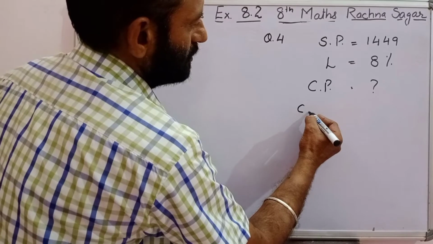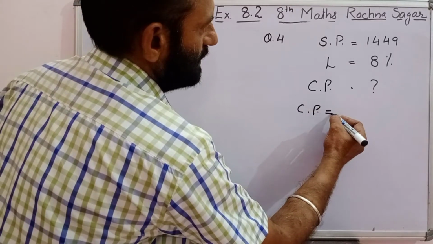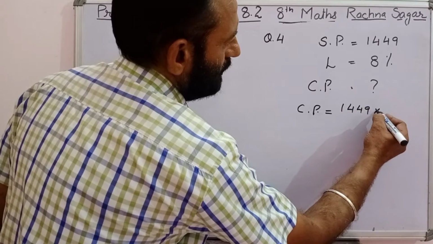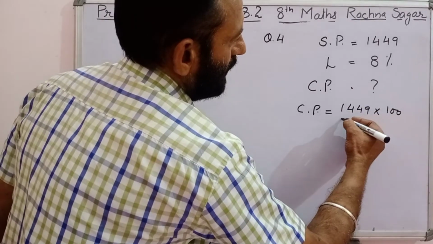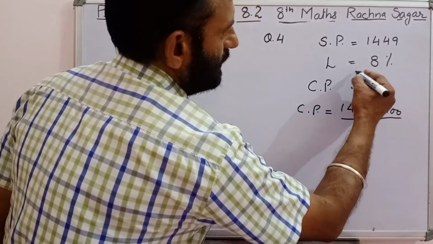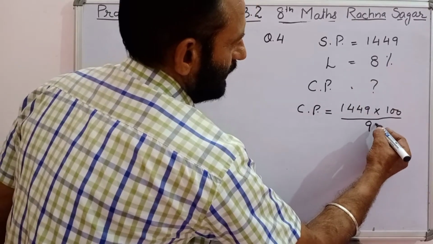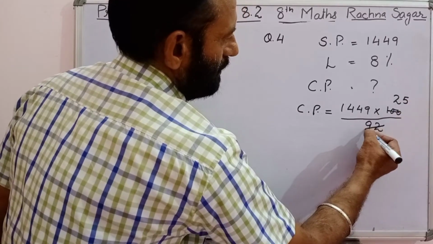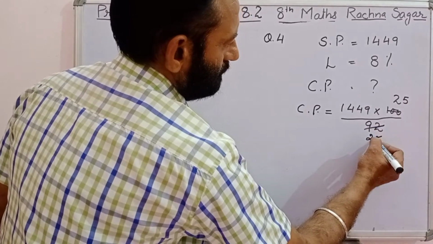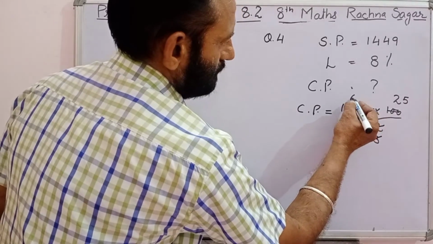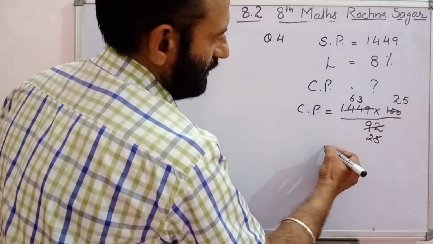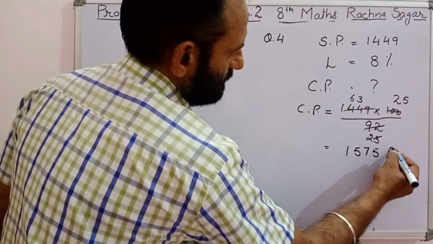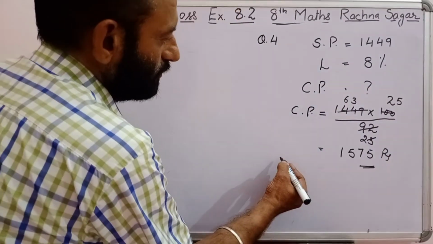Now we know that cost price is equal to selling price into 100, 1449 into 100 over 100 minus loss percent, 100 minus 8, that is 92, and it comes out to be 63 into 25 is equal to 1575 rupees.